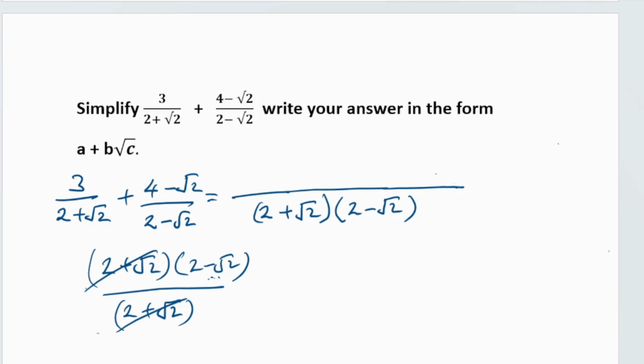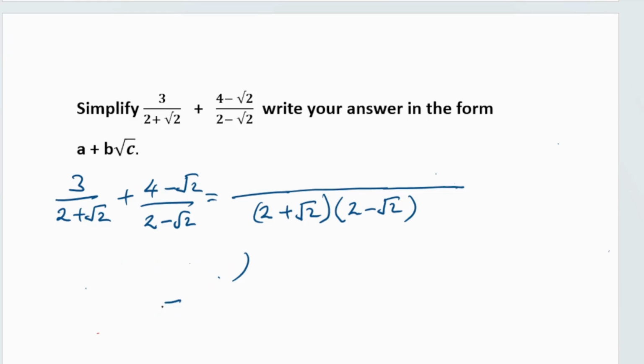Now you multiply it by the numerator there, that is 3, and we get 3 multiplied by what we are left with, 2 minus square root 2. Then plus, now we take the LCM again and divide it by the second denominator, 2 minus square root 2.